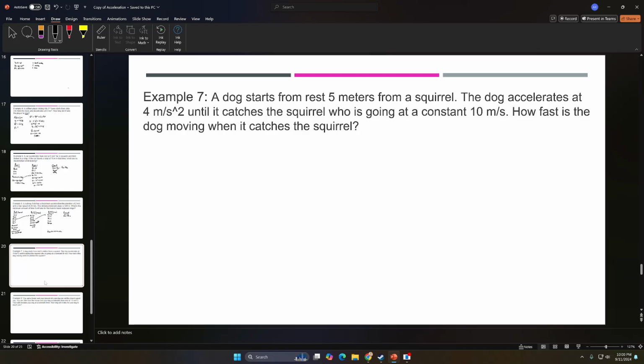Okay, hopefully you noticed here that there's two objects. So unlike the last couple problems where there were multiple parts with the same object, this time there are multiple objects. So let's look at what happens there.